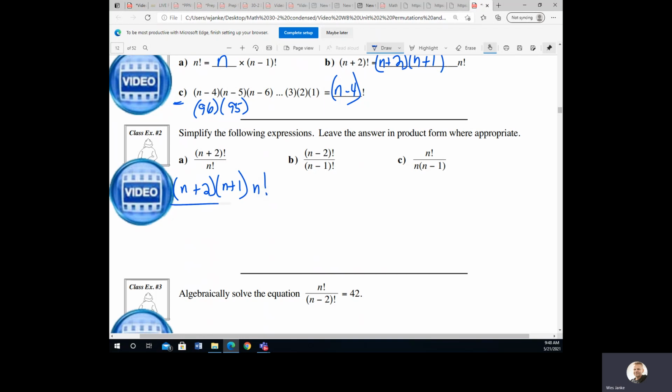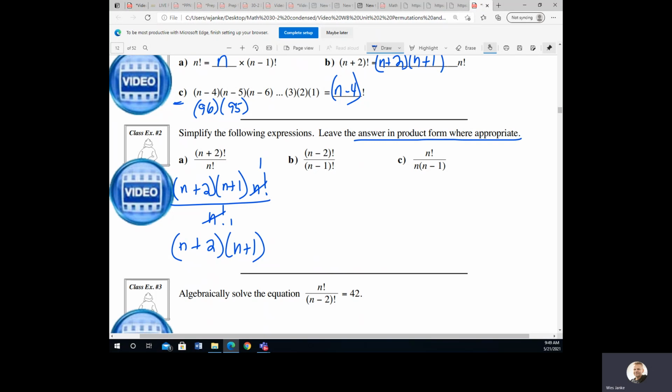I'll end there because on the bottom I have n factorial. Then I can cancel out my n factorial with my n factorial. And I can write this as n plus 2 times n plus 1. And it says leave the answer in product form where appropriate. So that's what it means.